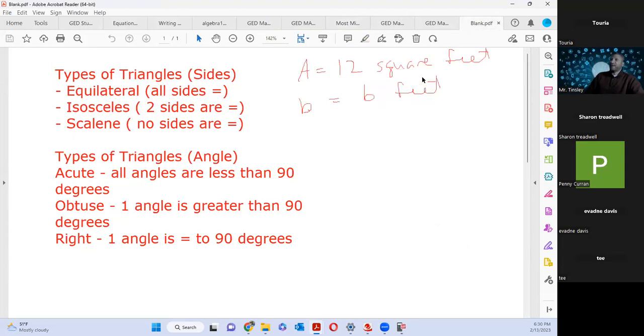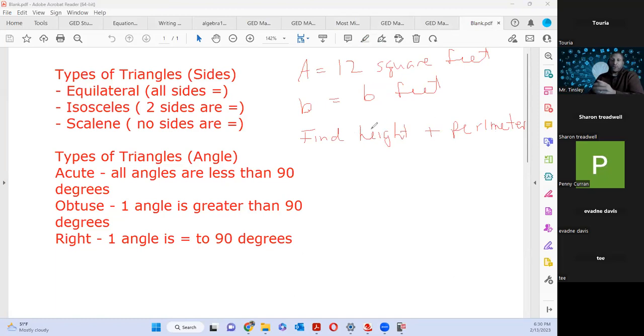Wow. This is considered a difficult problem. Is it difficult? For some people, it may seem pretty easy, but this is considered by GED a difficult problem. Why? Because you got to find two things, the height and the perimeter.